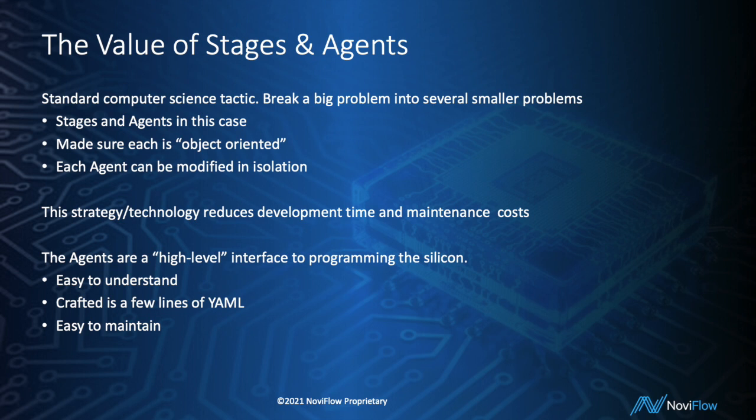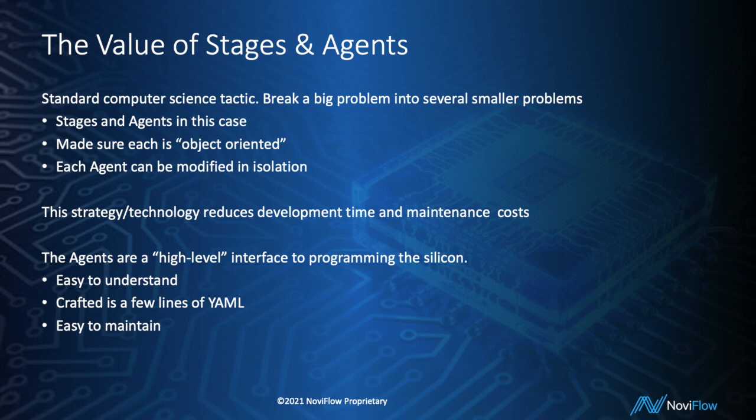So that's all the goodness that's in object oriented. And each agent can be modified in isolation. The proven benefits everywhere are, in object-oriented programming, it's faster, it's easier to code, it's easier to understand, it's easier to maintain.